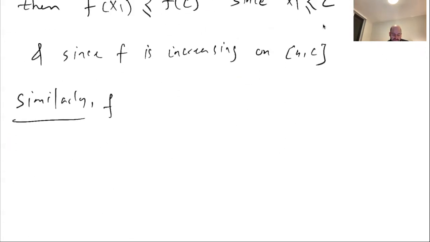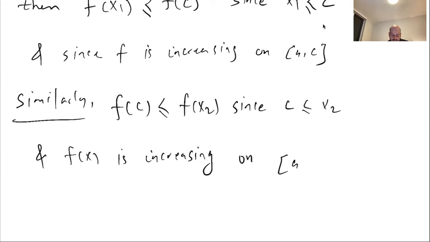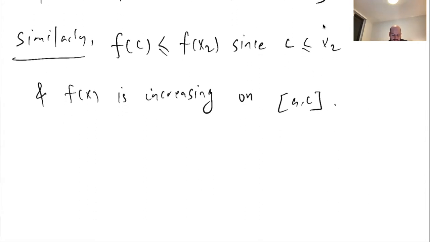So similarly, f of c is less than or equal to f of x2 since c is less than or equal to x2 and f of x is increasing on a and c. So what did we show?